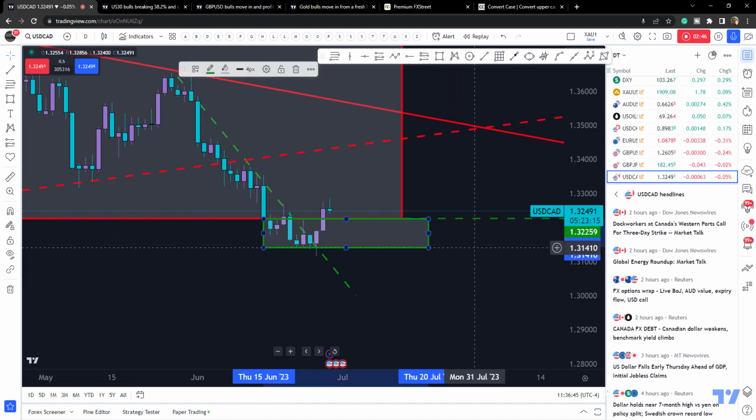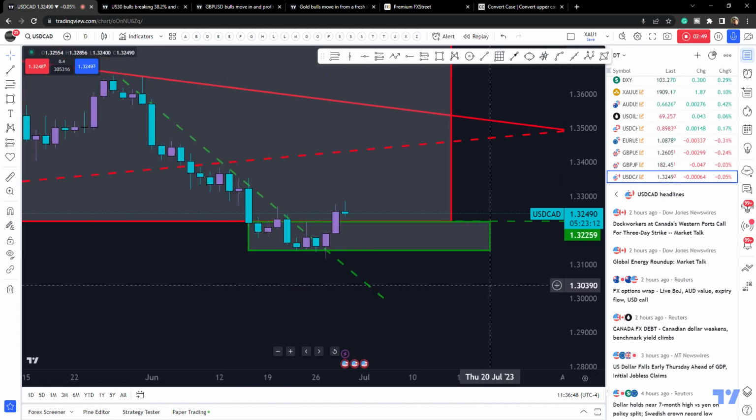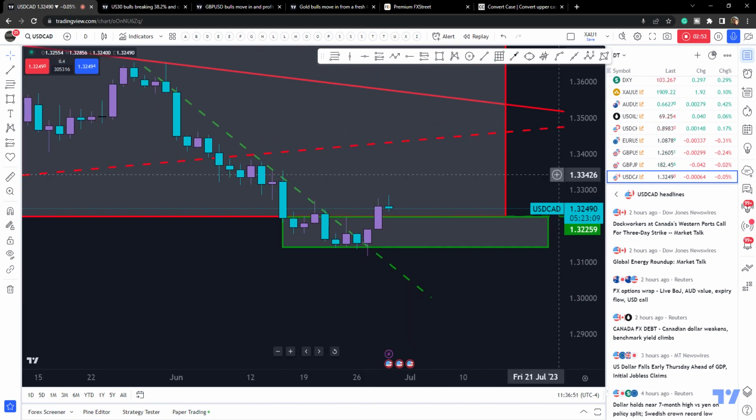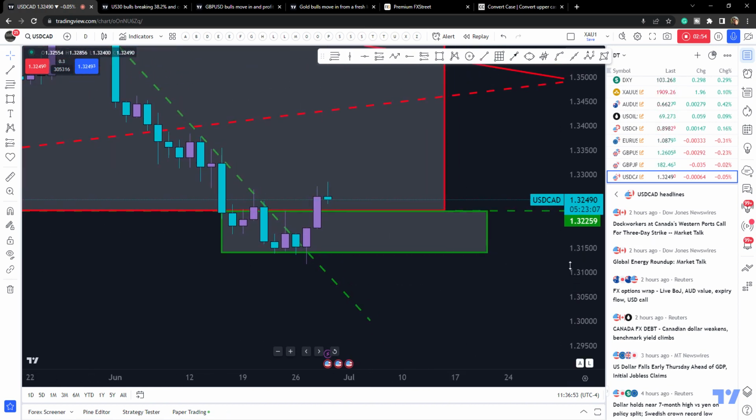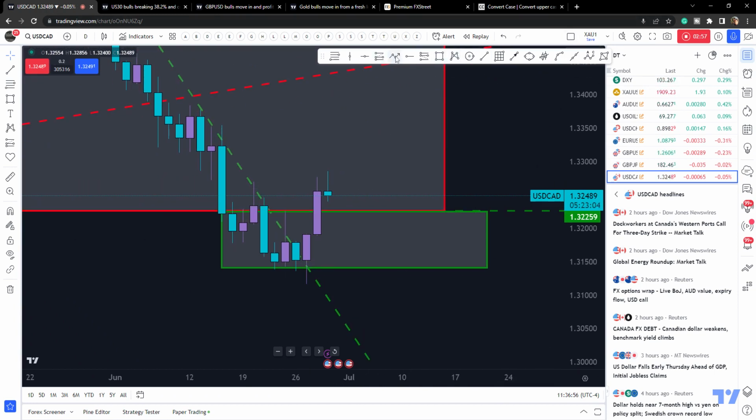Now, rather than trying to second guess what's going to happen way into the future, we can look at the here and now and see that we've got this W formation, and we've come up into the resistance here, a little bit higher into that, starting to correct, and this could correct into the neckline, back to the origin of that impulse.